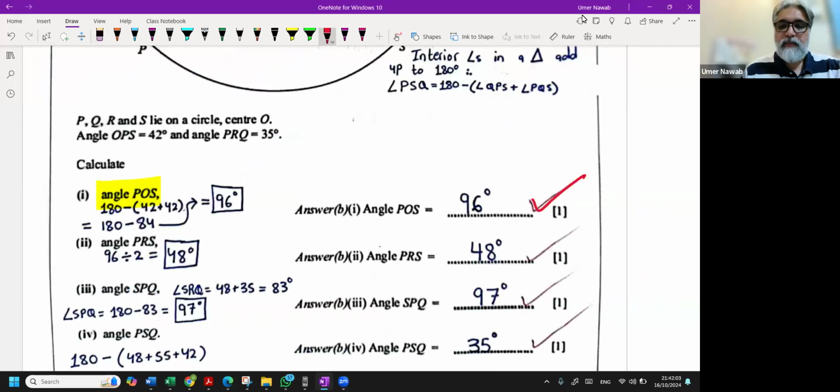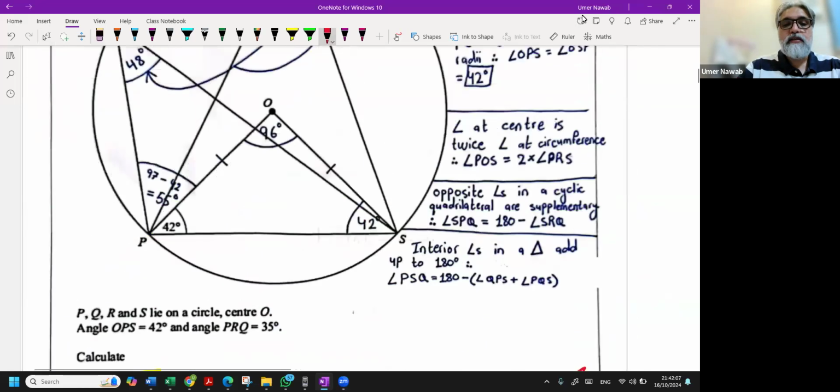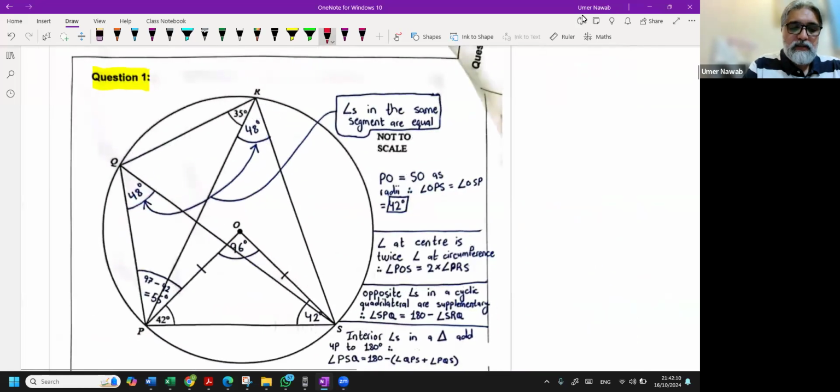Next is angle PRS. Where is P? This is P, this is R, and this is S. So he's asking what is angle PRS. As I have told you already, this angle is required.